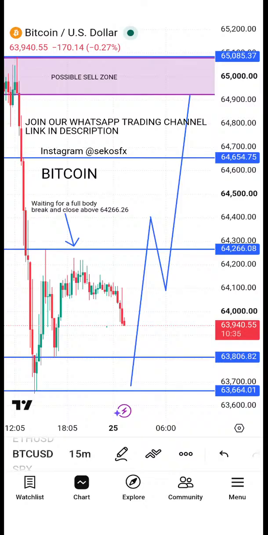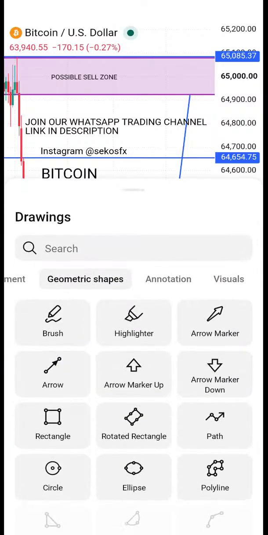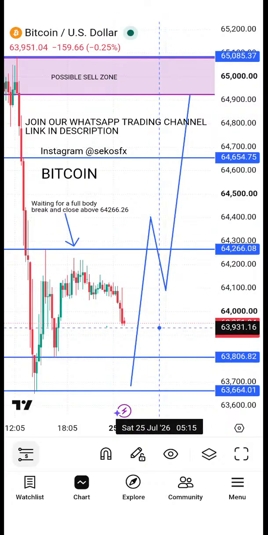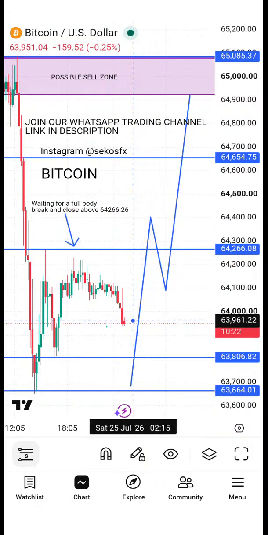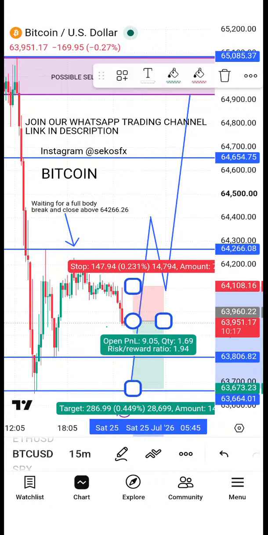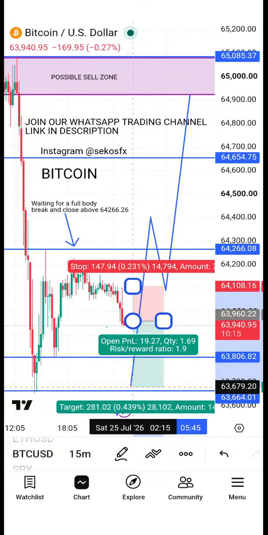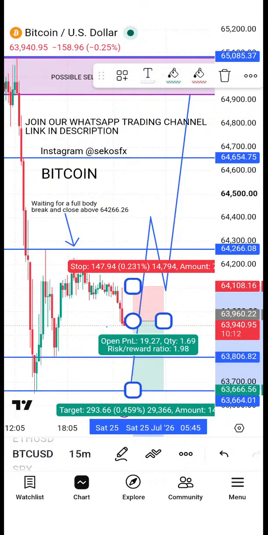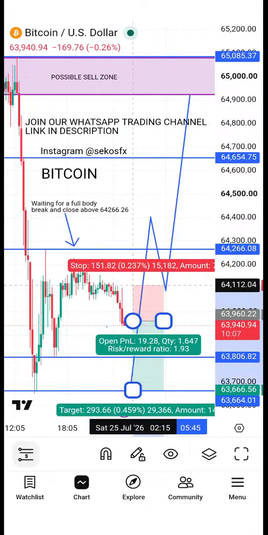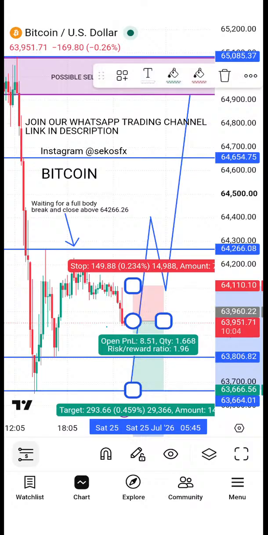For now, if you are going to take a sell, this is an area that you should target. If you are going to enter now here, the stop loss should be right above here. But I'm not advising you to take a sell. These are just points.